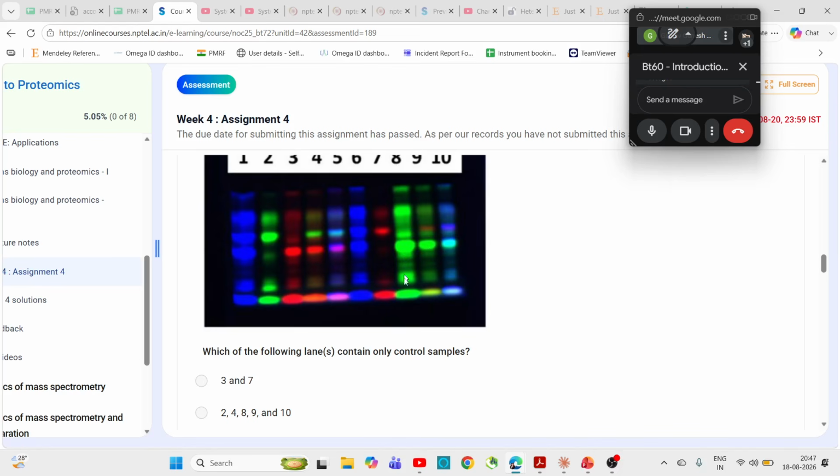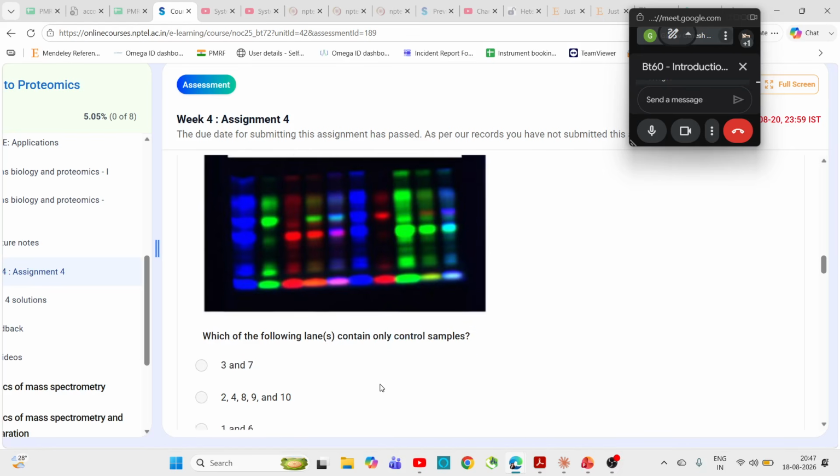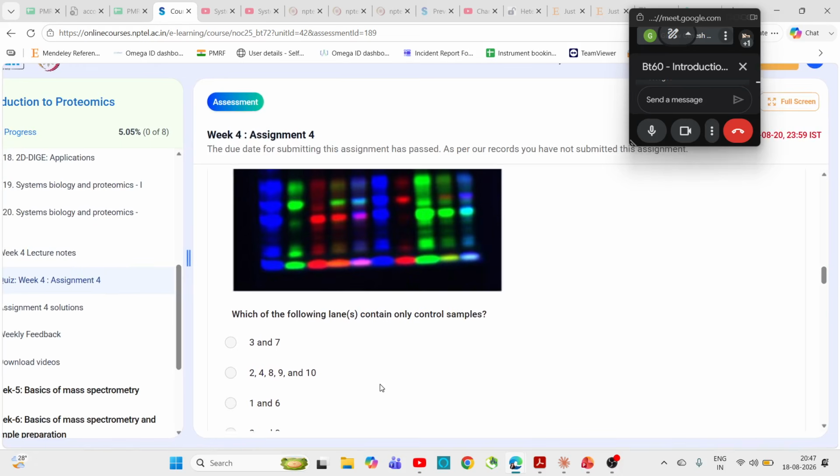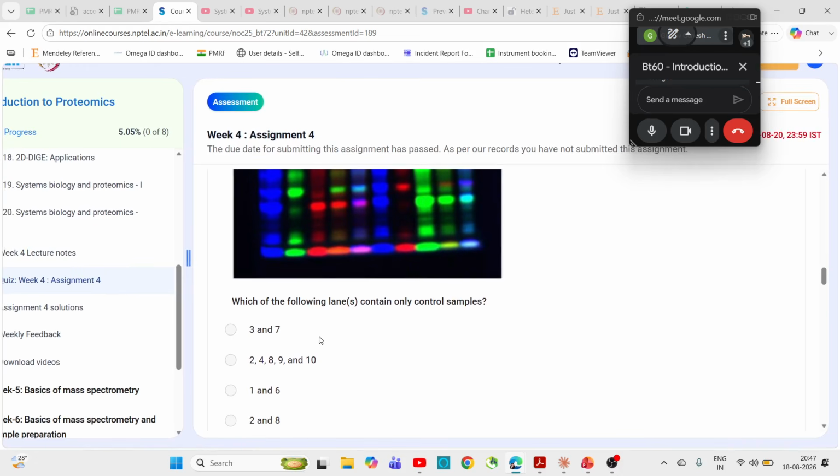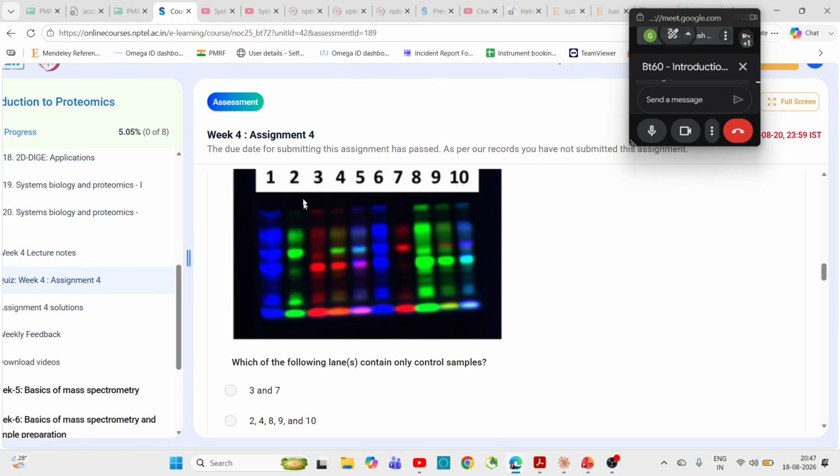So I can see only 8 and 2, which is having only control sample. If we look at the options, it's the fourth option, wherein this gel is only showing green bands, indicating only control sample is present in 2 and 8.